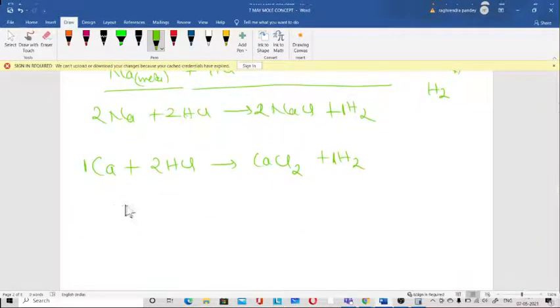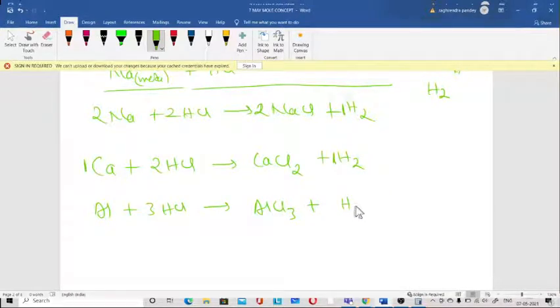Got it? So in the case of aluminium, aluminium has 3 valency. So 3 HCl will give AlCl3 plus 3 hydrogen atoms.